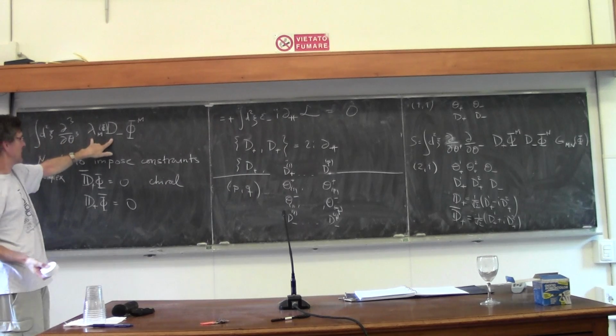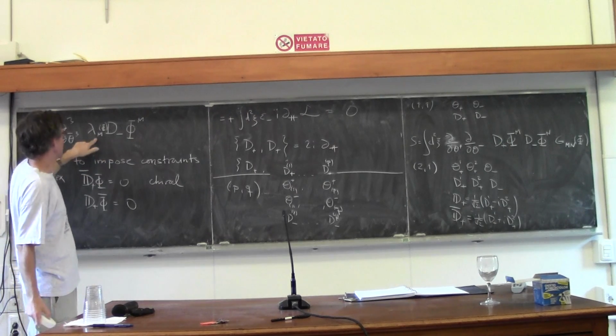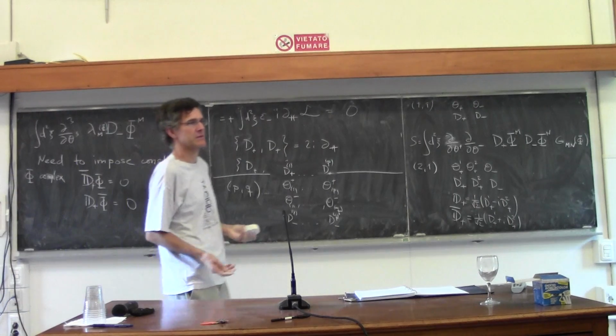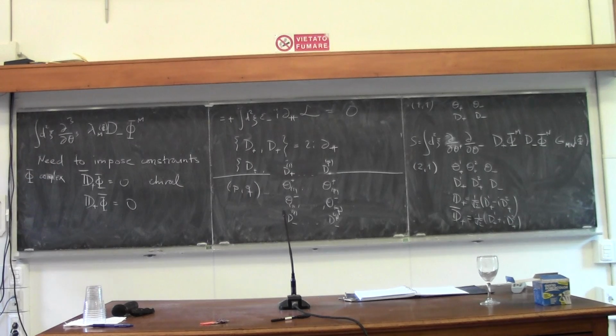And if I do this here without imposing the constraints, I find that I get more terms than I want. For instance, I'll get terms that actually tell you that this has to be 0, which is not very nice. So to get the right physical content of the theory, I need to impose these constraints.